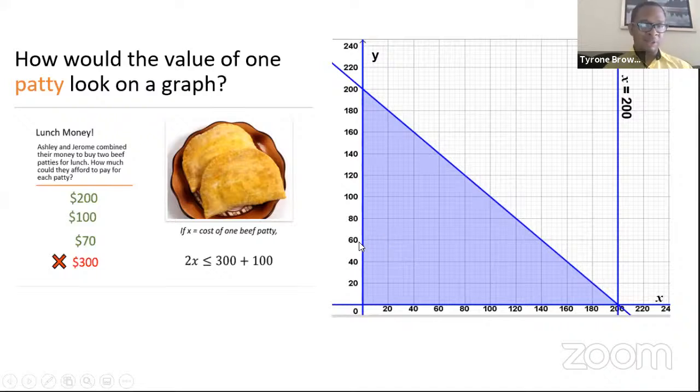You're saying no? Okay, there's some students saying 140 plus 60 would not give us 200. All right, persons are disagreeing.